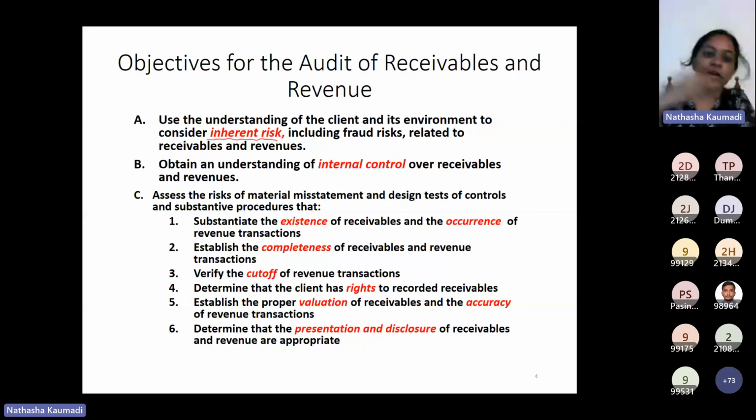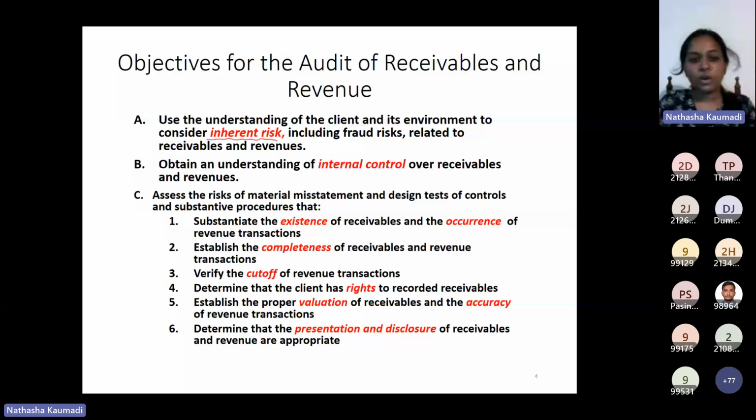Having understood the client and its environment, you can understand the inherent risk. Okay, before thinking about all these internal controls, what is the risk of having a material misstatement here? Inherent risk. Now, revenue is inherently a risky area because of the reasons we discussed. Trade receivables, inherently a risky area because of the three reasons we discussed in the previous slide. So, inherent risk you have to take.